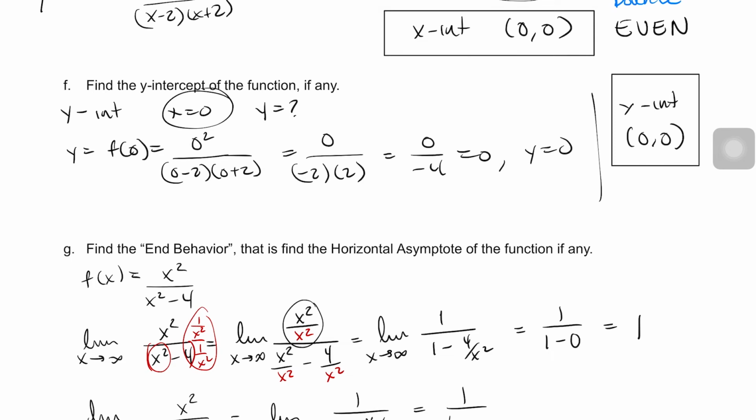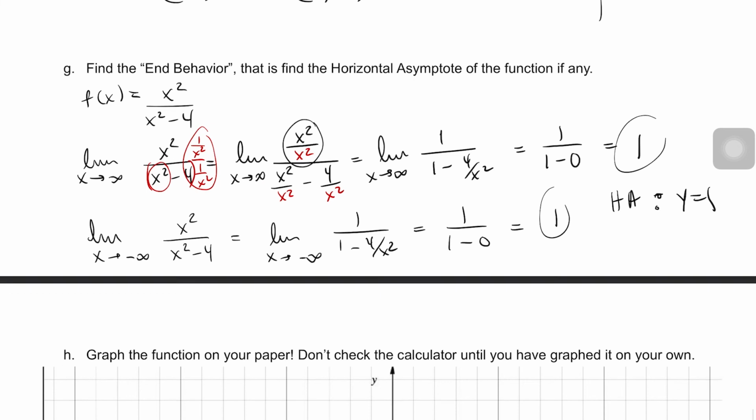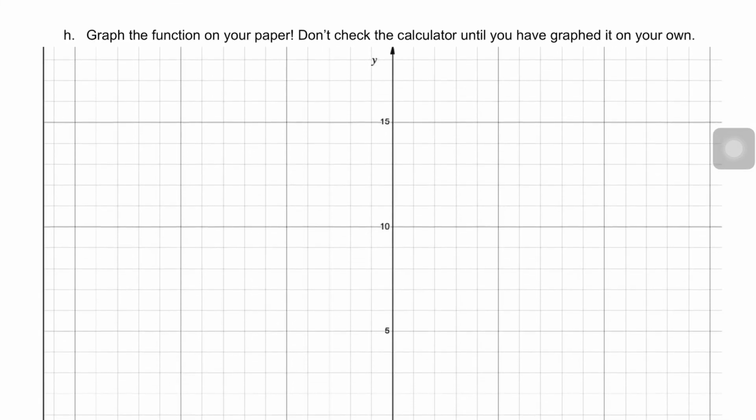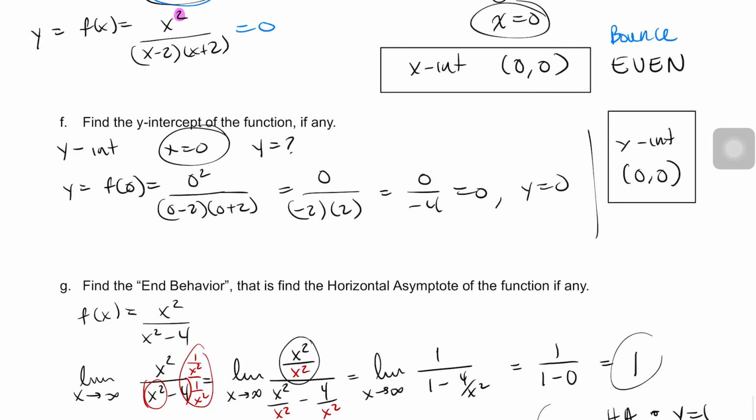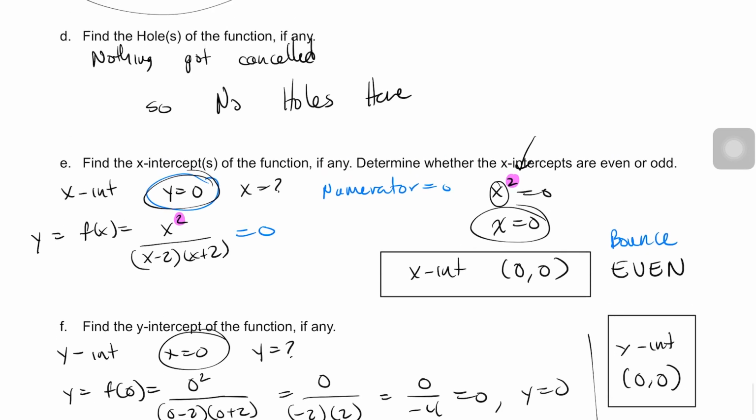Everything else stays the same: 1 over 1 minus 0, which is 1. And so this tells us that the horizontal asymptote is y equals 1. Then we'll use all the information that we used before to graph this.